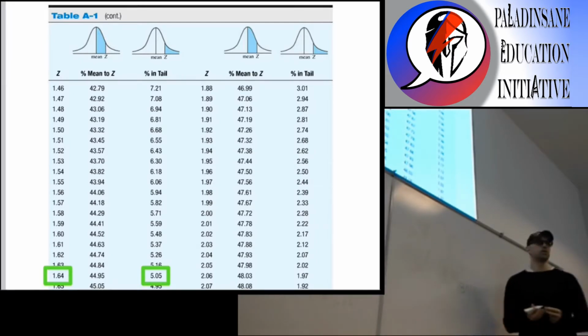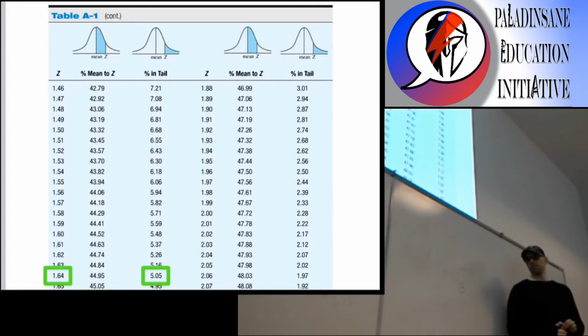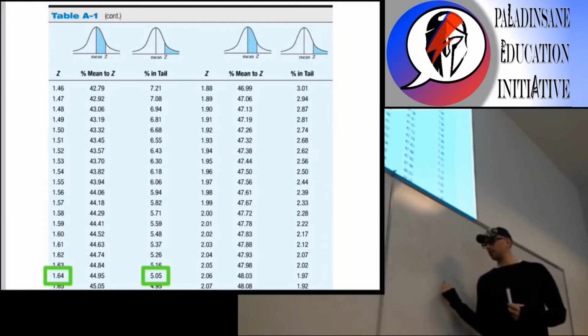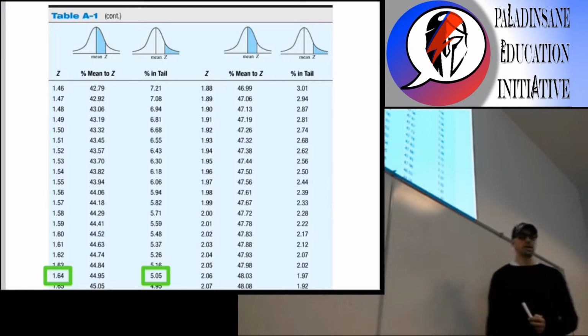So if we were asking whether they spend more time with the terry cloth mother, we put it in the positive, more time part of the curve. If we were asking whether they spend less time, we would put it in the negative side of the curve, the minus side, the smaller side.